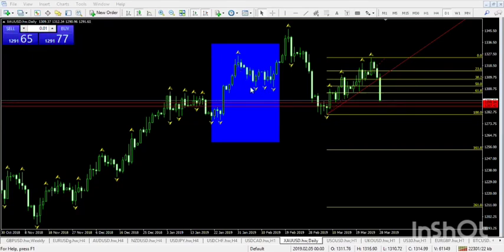Usually it reaches the 50 level, but it doesn't decline suddenly and then retrace. It moves very slowly, reaches the 50 level, and then starts producing a base.